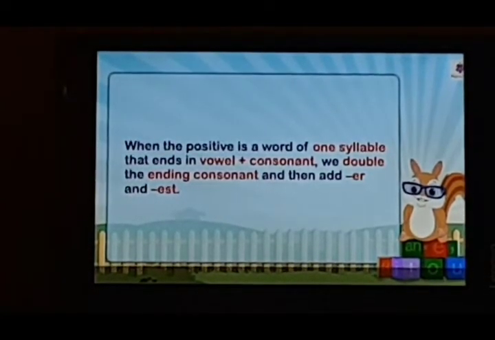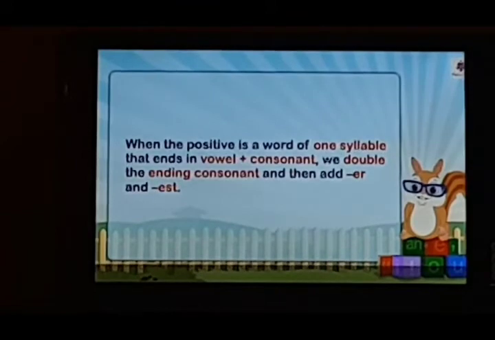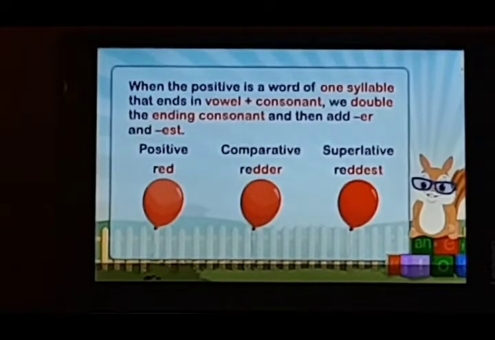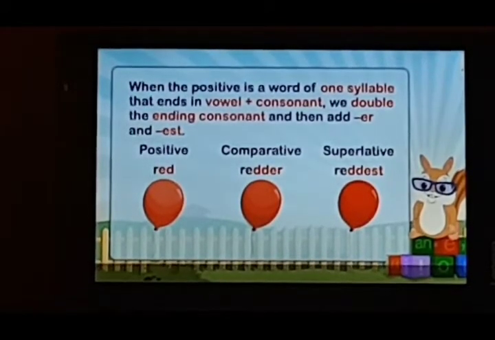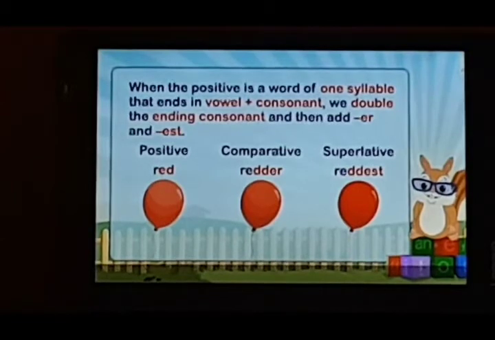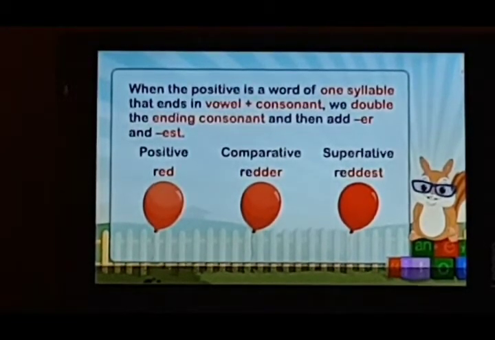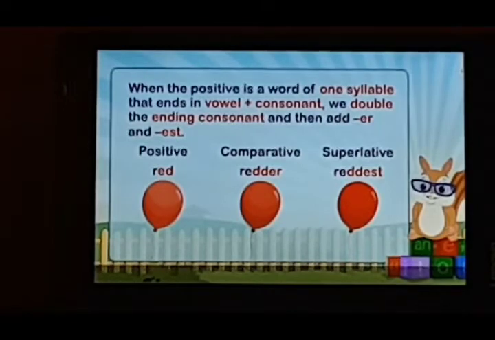So the last letter G, the consonant, is doubled. So it becomes bigger and biggest, double G. In the same way, the positive red is a one syllable word ending with E, a vowel, and then D, and it becomes redder and reddest.